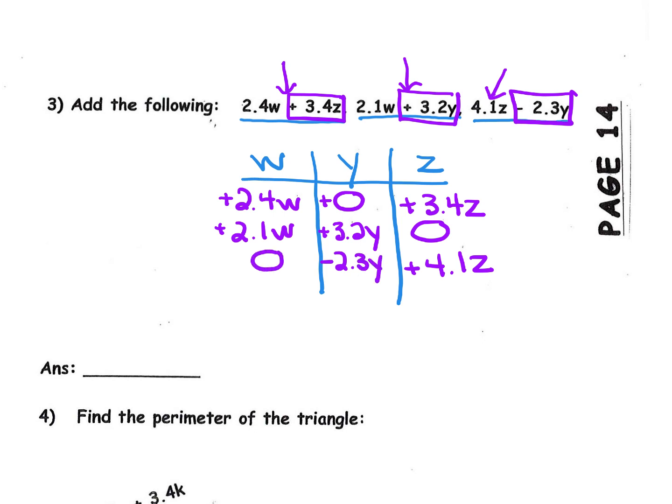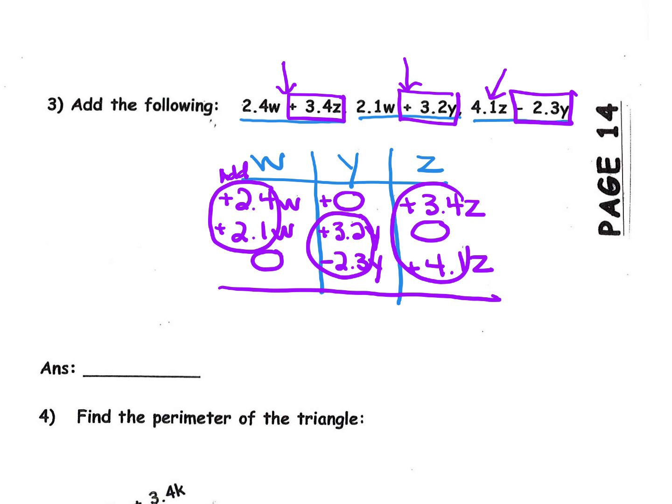And again, you can put a 0 here as a placeholder. Combine together these values by using addition. They're both positive. Combine together these values by finding the difference and subtracting. And combine together these coefficients, because they're both positive, use addition.